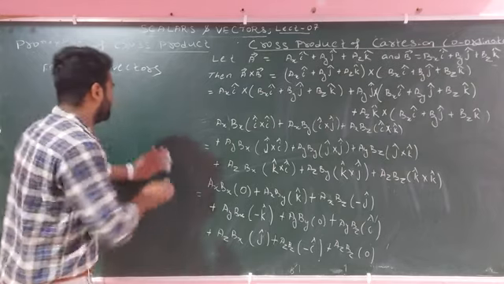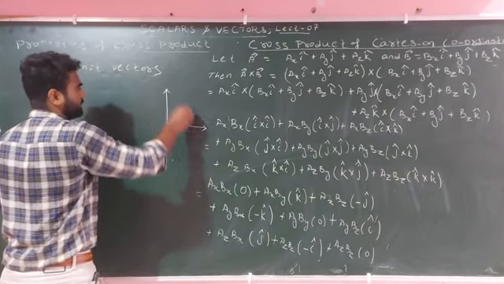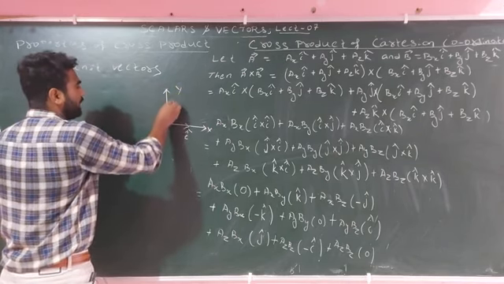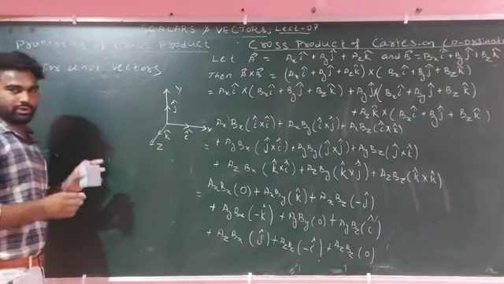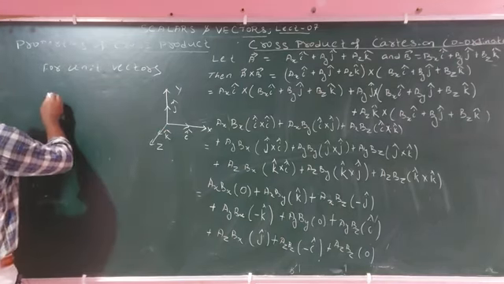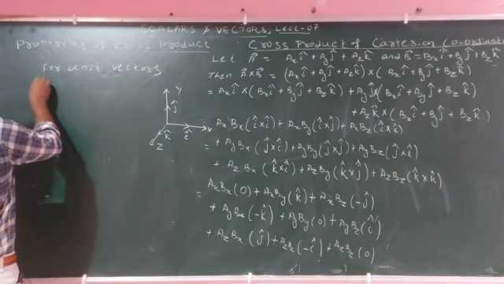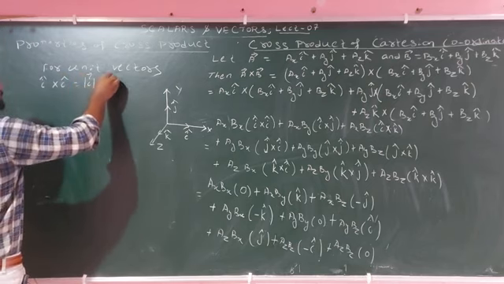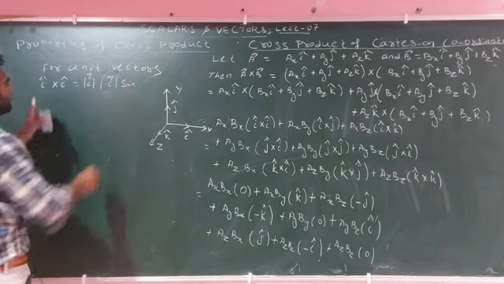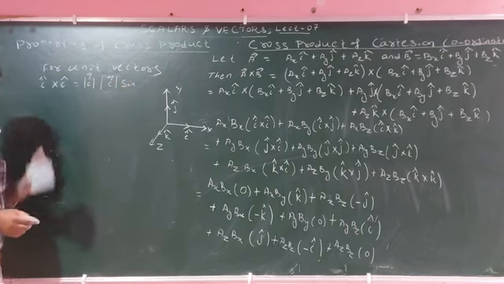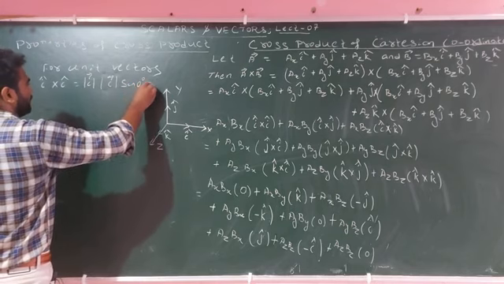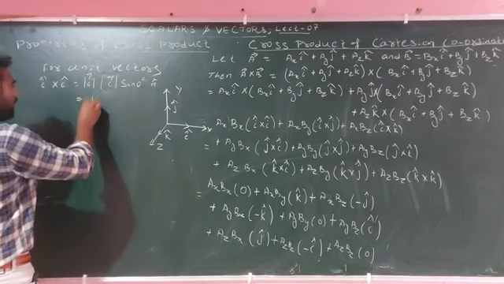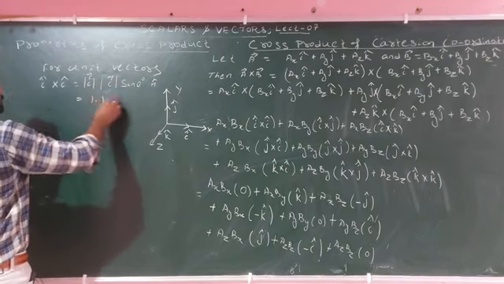Consider a Cartesian coordinate system with x-axis, y-axis and z-axis, which are mutually perpendicular to each other, and i cap, j cap and k cap are the three unit vectors. Then for unit vectors, I cross I means magnitude of I times magnitude of I, and these are equal or parallel vectors, so theta is 0 and sin 0 is 0.